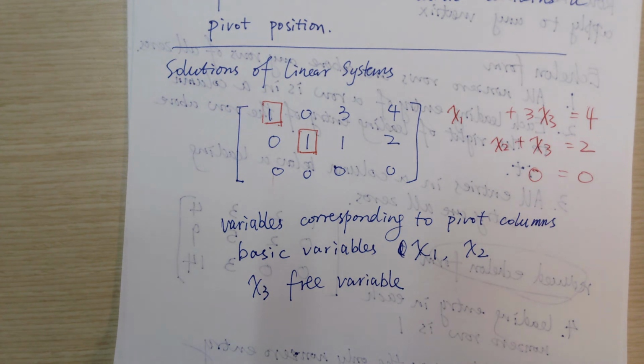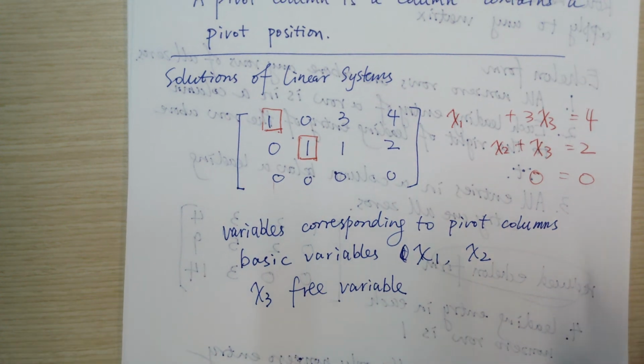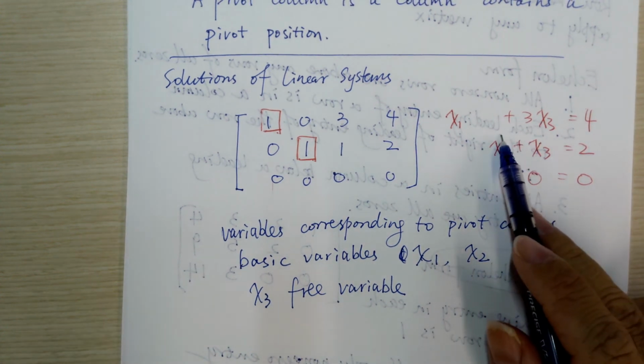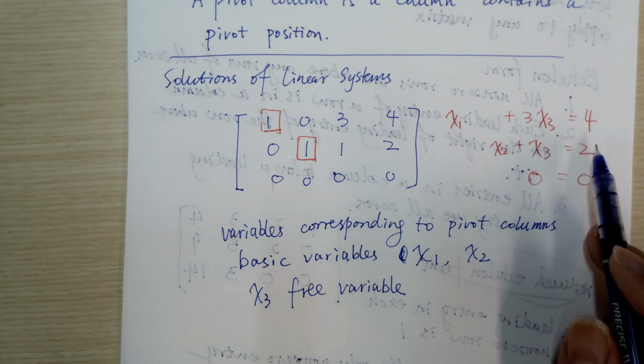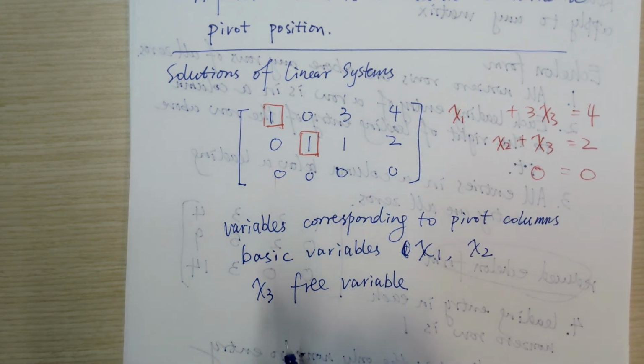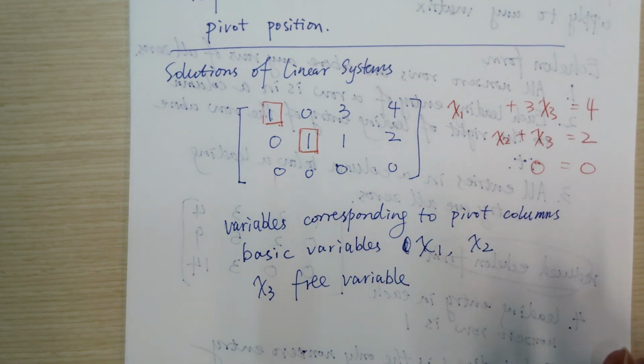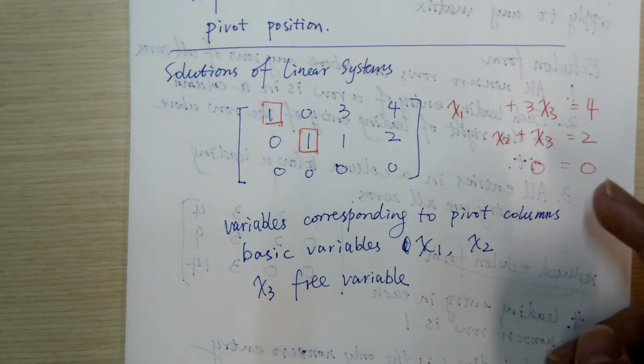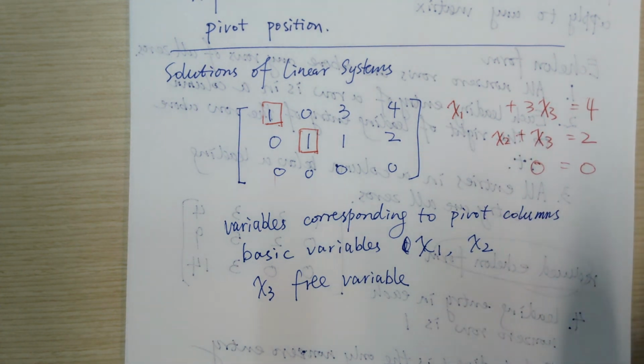And as you can see, we can actually solve x1 and x2 in terms of x3, and x3 being a free variable means that you can choose any value for x3. In other words, x3 is the independent variable, while x1 and x2 depend on x3, right?